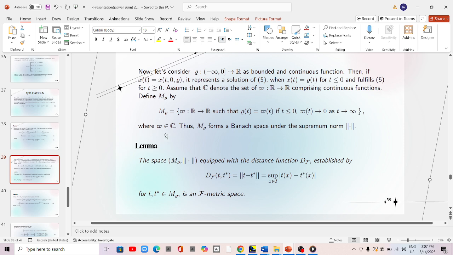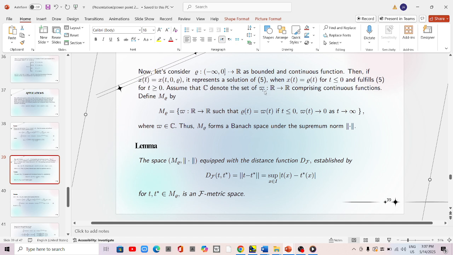So here there is a correction. You have written here, assume that C denotes the set of the functions. Yes, it is correct. But if you write here, assume that C, then whenever you define ME, you should write here omega belongs to C. Otherwise, delete C from here.